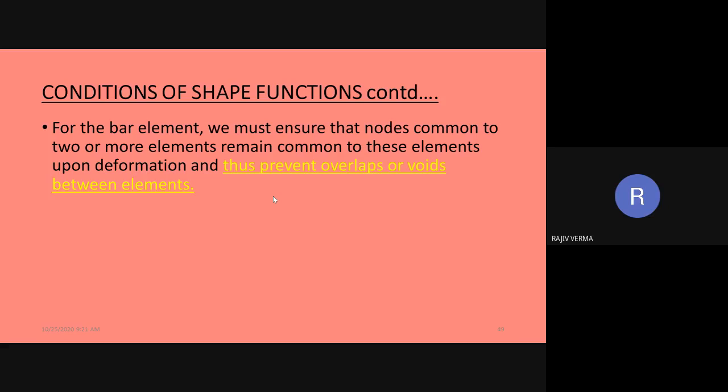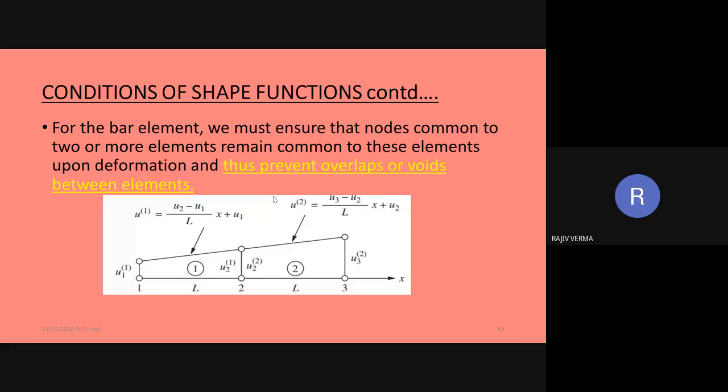For the bar element, we must ensure that nodes common to two or more elements remain common to these elements even after deformation, and thus prevent overlaps or voids between the elements. So in this particular figure, we have node number 2, which is common between element number 1 and element number 2.